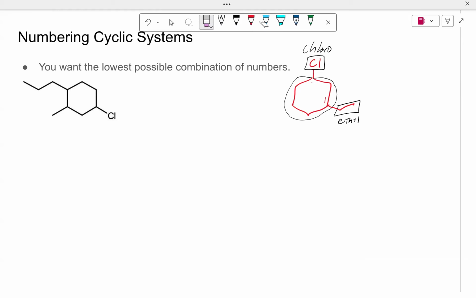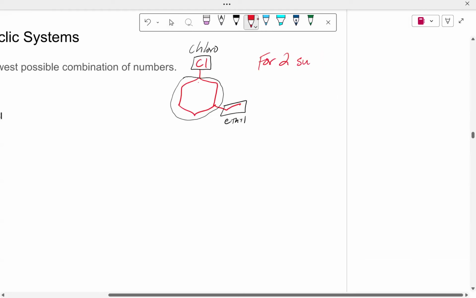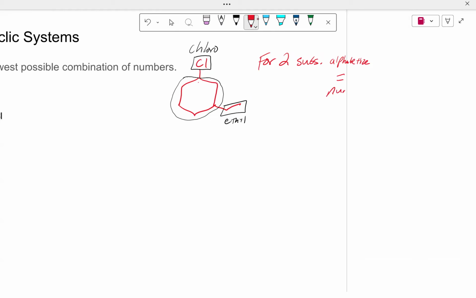So when it comes to two substituents, and write this down somewhere in the margin, this is the only time alphabetizing relates to numbering. This is the only time where the alphabetizing dictates the number. So the one that appears first in the alphabet gets the lowest number. In this case, chloro gets 1, and then I number ethyl so that it gets the next lowest number.